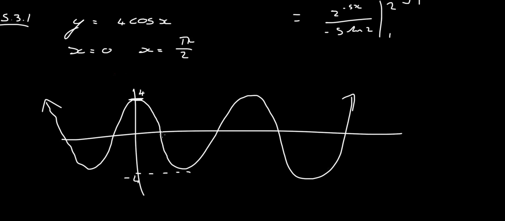And that is pi over 2. This is pi, and this is 3 pi over 2, and this value is 2 pi. So they're saying indicate the area between x equals 0 and x equals pi over 2 on the x-axis. So that area is this piece here.